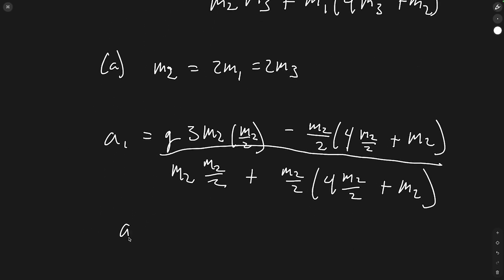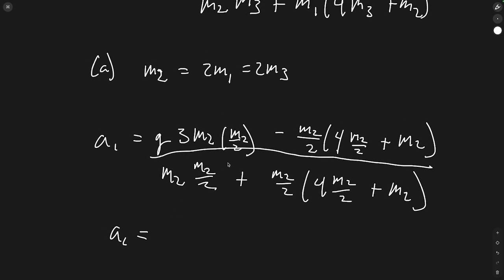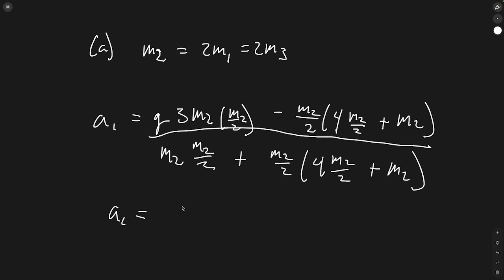Now a1 is, let's see, would m really be squared? If it gets divided by m squared, yeah, sure. We have a g, so 3, looks like we have 3 halves.